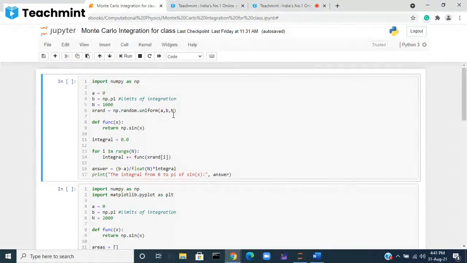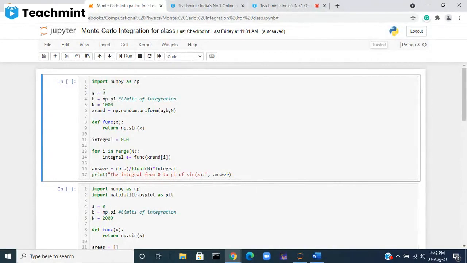It is given by capital N, which gives us the total number of random numbers to be generated. So np dot random dot uniform takes within brackets the arguments a, b, and n, and generates capital N uniform random numbers in the range from a to b.